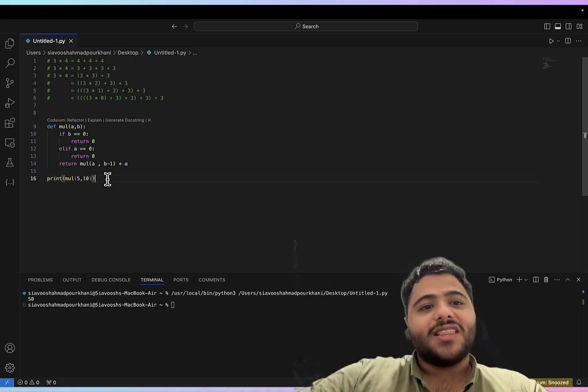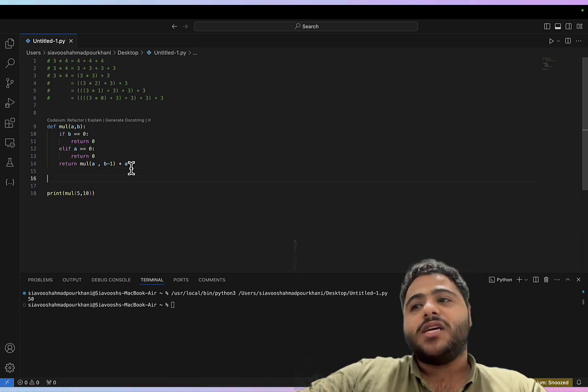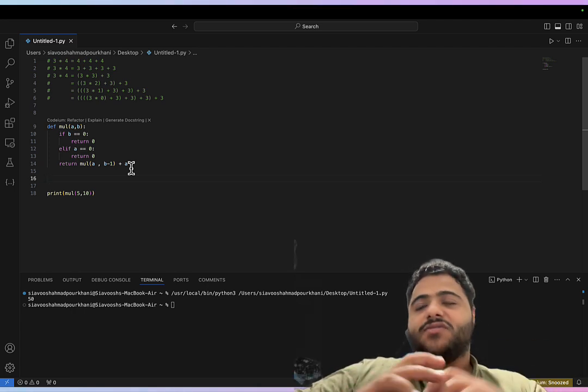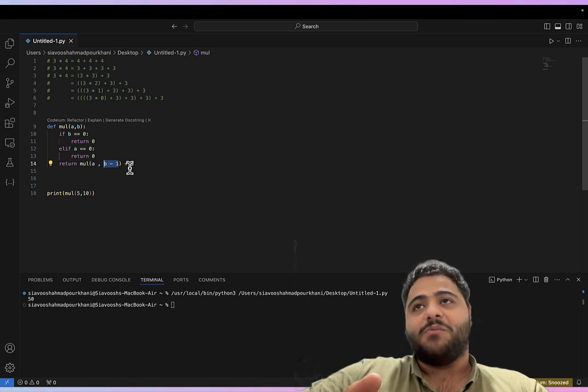Let's write the non-recursive way. My code actually has another problem. It cannot multiply negative numbers, because it doesn't matter how many times you decrement a negative number, you never reach 0.